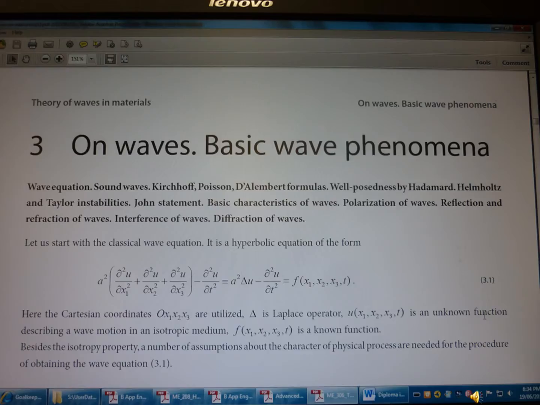In this case, a squared del 2u by del h1 squared plus del 2u by del h2 squared plus del 2u by del h3 squared minus del 2u by del t squared equals a squared del u minus F(h1, h2, h3). In this case, the Cartesian coordinates h1, h2, h3 are utilized. There is a Laplace operator, u(h1, h2, h3) is an unknown function describing the wave motion, and F(h1, h2, h3) is a known function. So this is the wave equation.